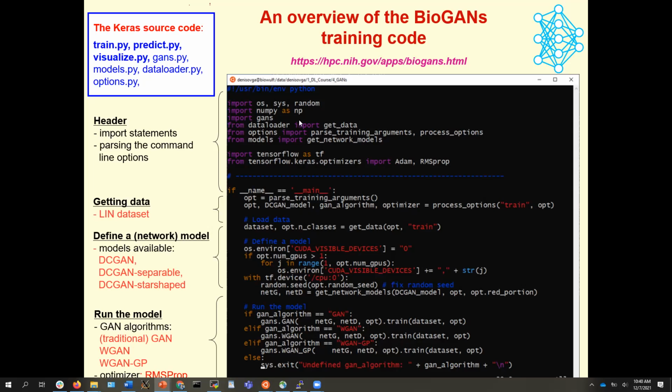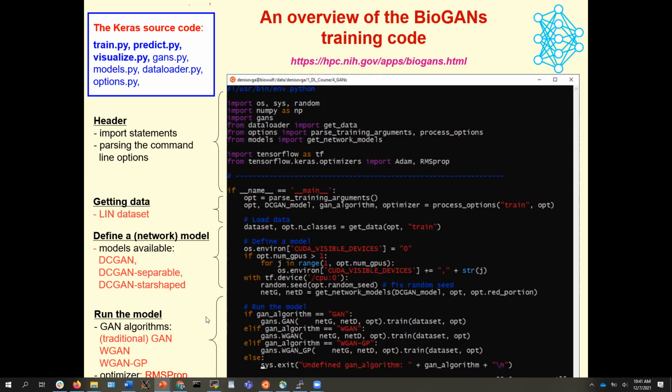But we will go through and discuss the main of these functions. In the subsequent slides, we'll first discuss what data I used for this example, the LIN dataset. Then we will discuss the different architectures of the model, DC-GAN, DC-GAN separable, and DC-GAN star shape.